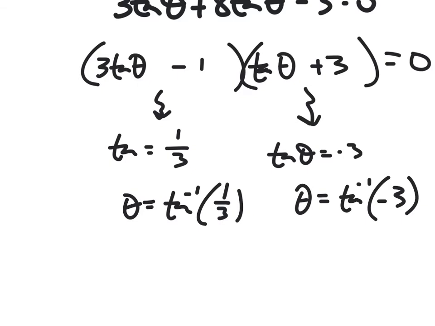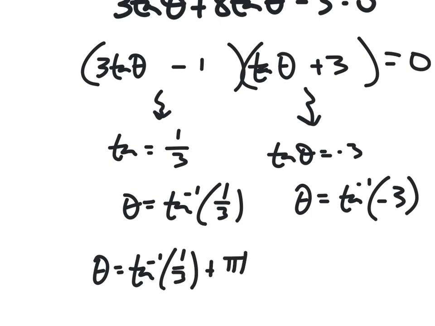Now, tangent isn't like sine and cosine, right? Sine and cosine have a period of 2 pi units, but tangent has a period of pi units. So the tangent would be 1/3 twice within the unit circle. So what I would want here is theta to equal inverse tan of 1/3 plus pi k units.